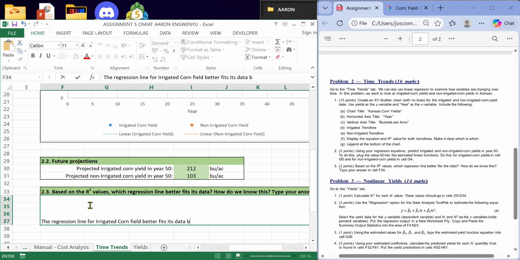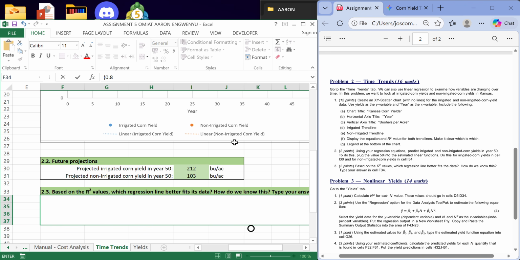And why? Because the R squared value, what is it? I think it was 0.8.